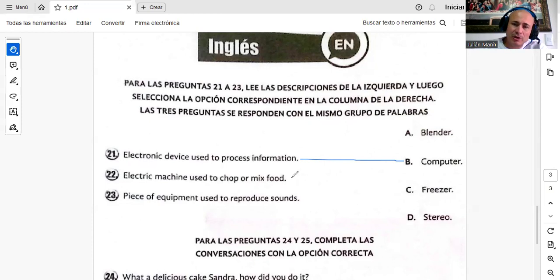That is the description of a blender that is used, as I mentioned, to process food or to make juice. And 23, piece of equipment used to reproduce sounds. That is the description of a stereo. So as you can see, option C was not required.